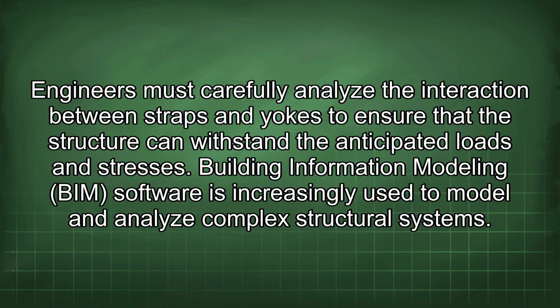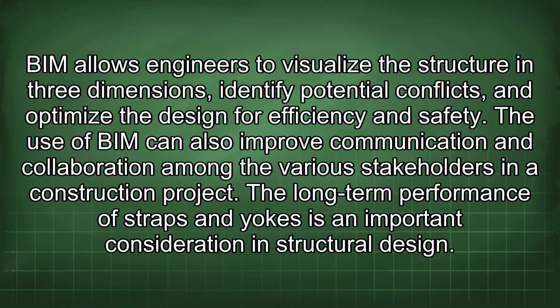Building information modeling (BIM) software is increasingly used to model and analyze complex structural systems. BIM allows engineers to visualize the structure in 3 dimensions, identify potential conflicts, and optimize the design for efficiency and safety. The use of BIM can also improve communication and collaboration among the various stakeholders in a construction project.